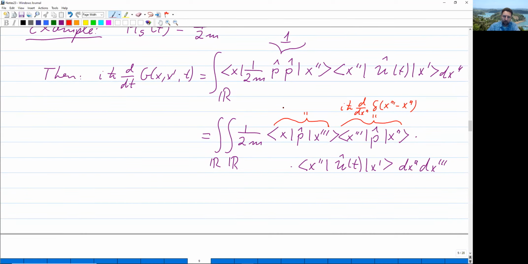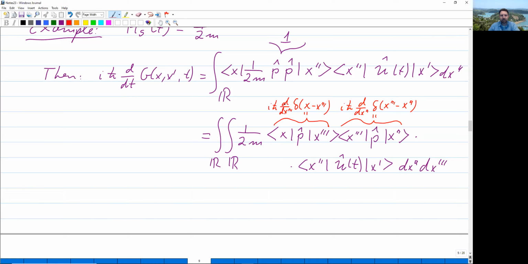And this one is i h bar d by dx triple prime. It's always the second one that is down here. And then delta of x minus x triple prime. So I hope you see, well, I'm sure you see already where this is going. We have here derivatives of Dirac deltas, two of them, and we have two integrals.